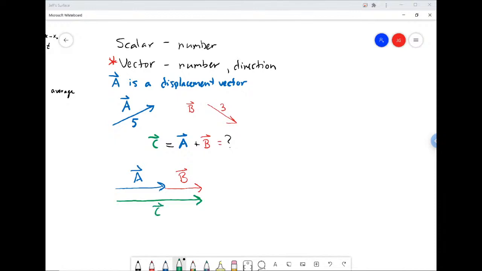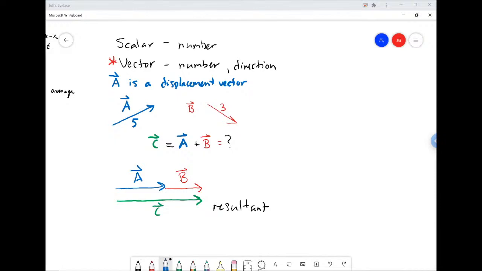We call C a resultant. It's the sum of two vectors. So graphically, the way you add vectors is tip to tail, just like I've drawn it there.